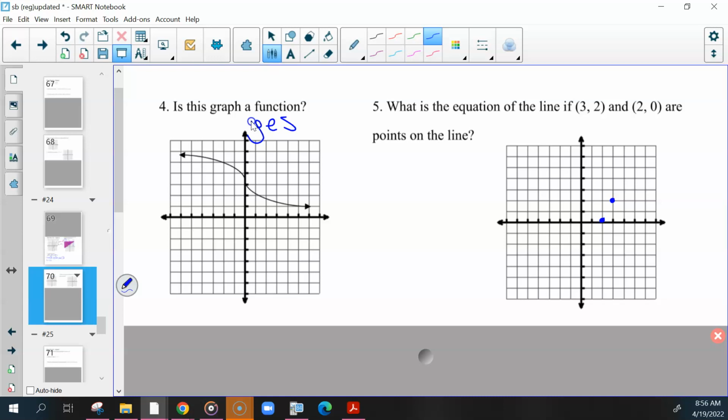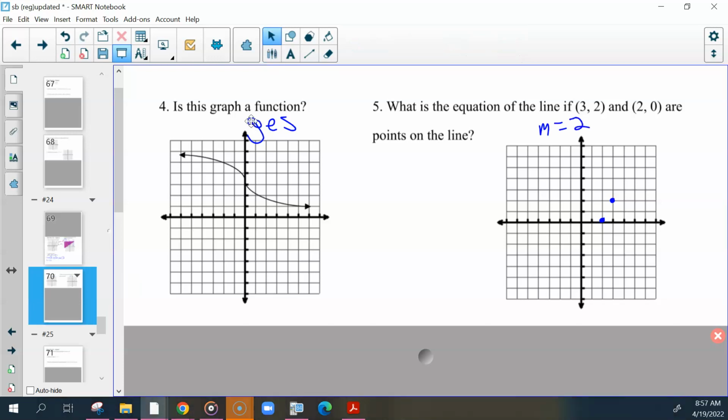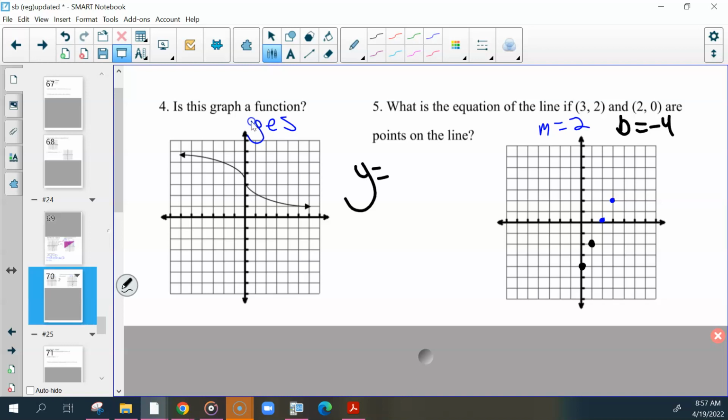So right here, this has a slope of 2 over 1. If I go backwards, down 2 to the left 1, down 2 to the left 1, my y-intercept would be at negative 4. So our equation would be y equals 2x minus 4.